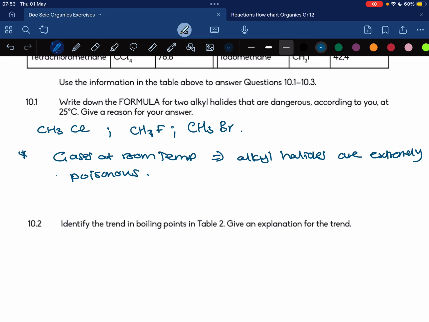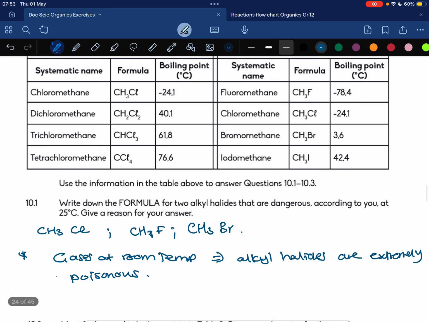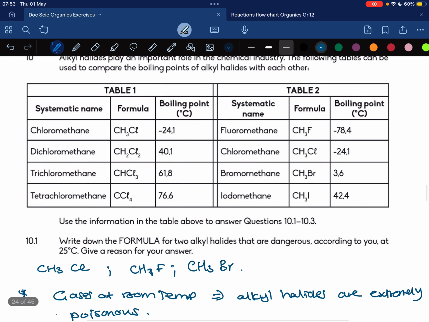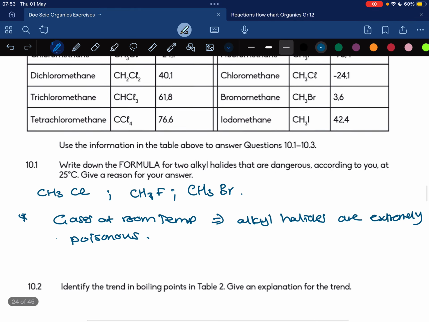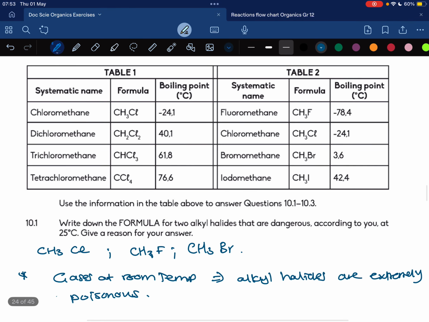So we can see that there is an increase. If we look at the first table, no, it was the second table, sorry. In the second table, what's changing is that I'm just changing the halogen.